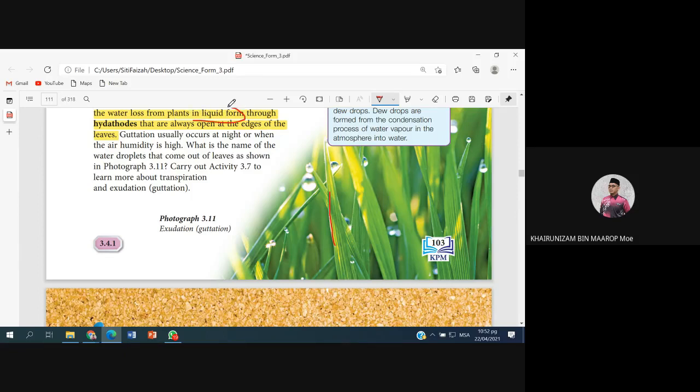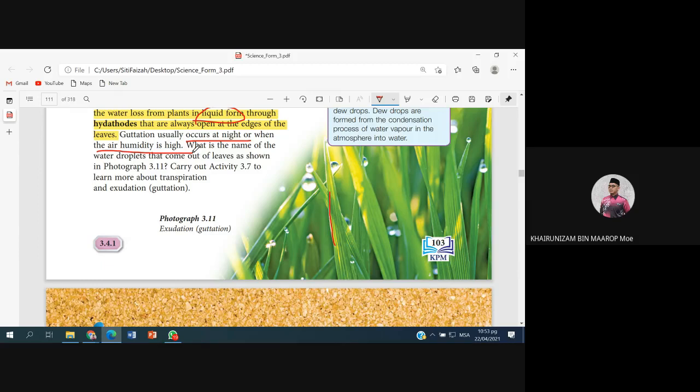Okay, selain daripada water vapor. Okay, so guttation usually occurs at night or when the air humidity is high. Dia berlaku pada waktu malam dan apabila cuaca sangat lembap.